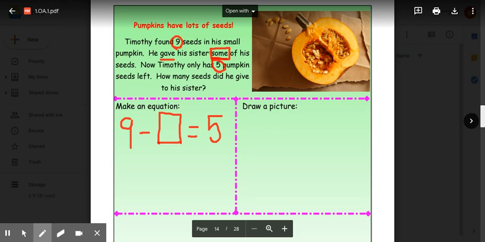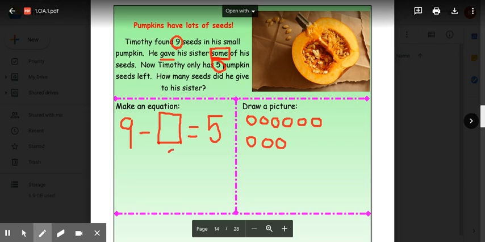So the first thing I'm going to do is draw 9 pumpkin seeds. I'm going to count them just to double check. 1, 2, 3, 4, 5, 6, 7, 8, 9.